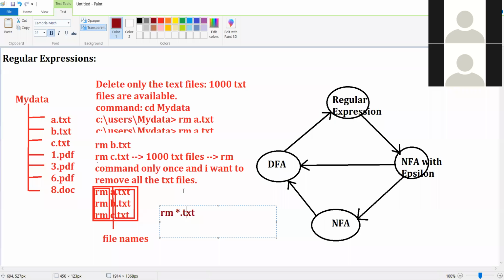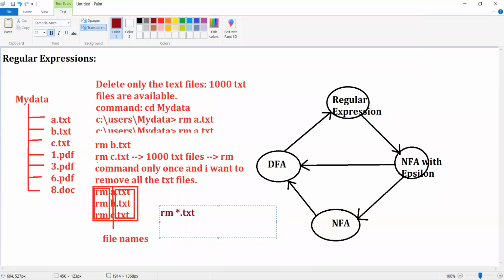Now when I use rm star.txt, this command is going to remove all txt files without depending on the file name.